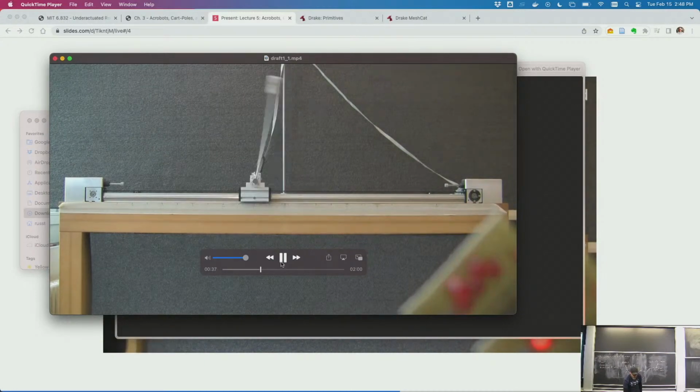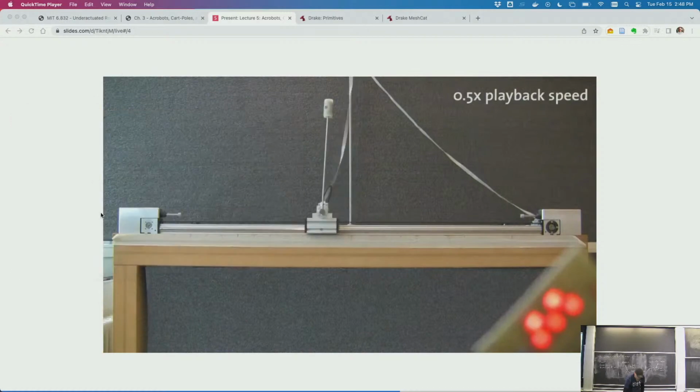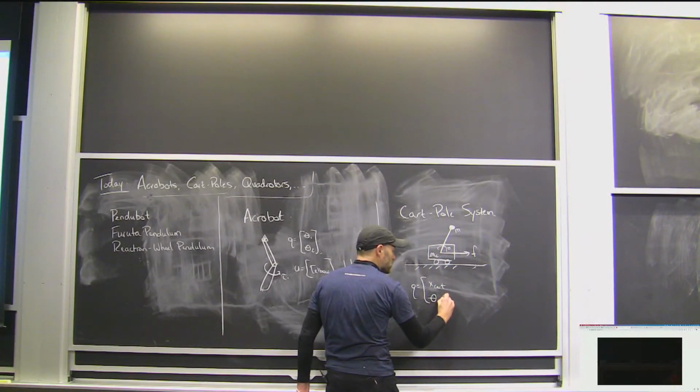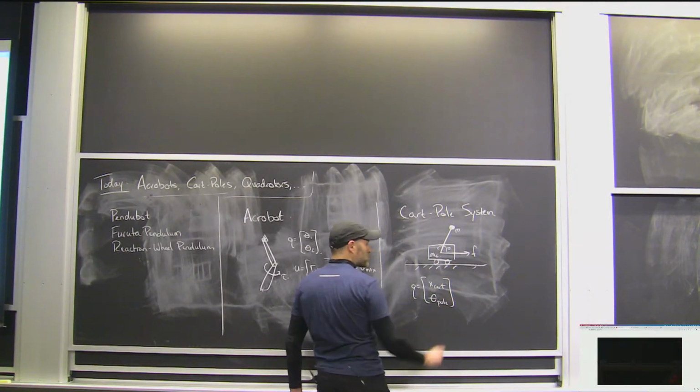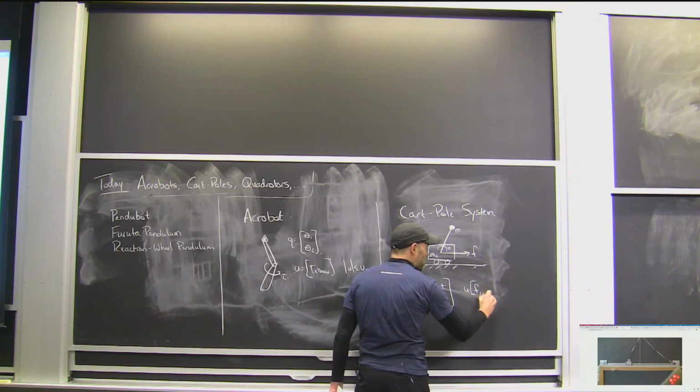Okay, but hopefully you get the basic idea there. So this one, Q, is now the X position of the cart and the angle of the pole. U is the force on the cart.